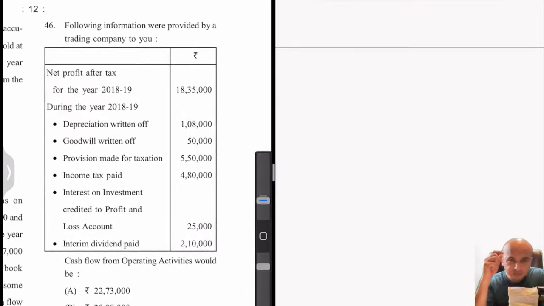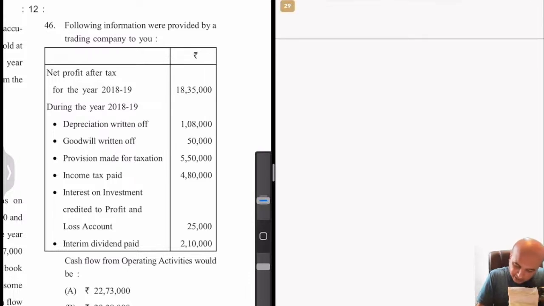Before we find out the cash flow from operating activities, what we need to find out is the net profit before working capital changes. So that can be started with the net profit given. Let me just write down the net profit first: net profit after tax, which is 18 lakhs 35,000.